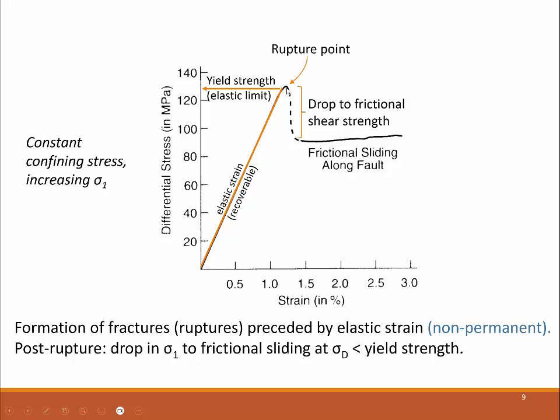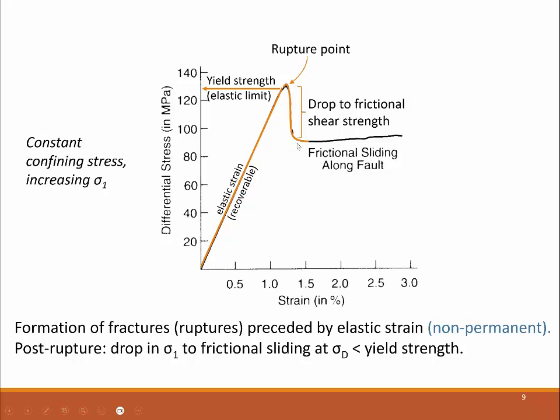Once the yield strength is exceeded, rupture will take place. The rock will fail. It will fail along a newly formed fracture, and that point is called the rupture point. Once that fracture has formed, the shear strength will drop. It will drop to the level that is required to slide along the now existing fracture.